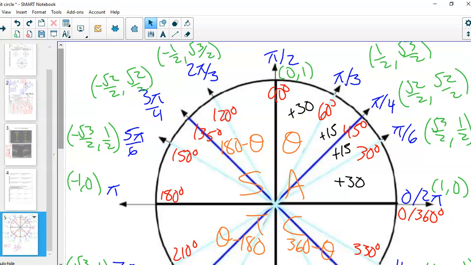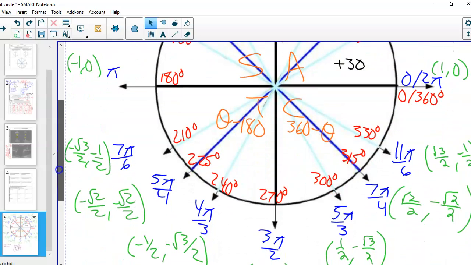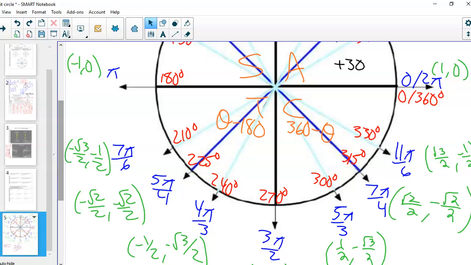We did the counting method, so you could count your radians by pi over 6s, by pi over 4s. You could even count them by pi over 3s and pi over 2s. So this is 1 pi over 3, 2 pi over 3, so that means we're counting by 60s. 3 pi over 3, 4 pi over 3, 5 pi over 3, 6 pi over 3.